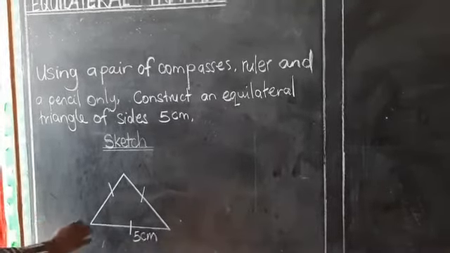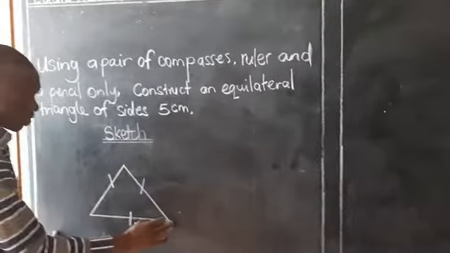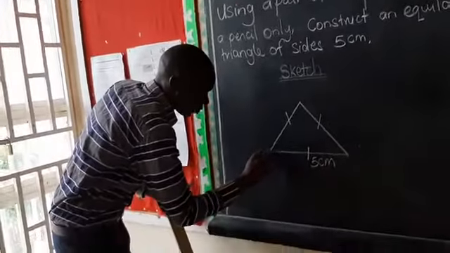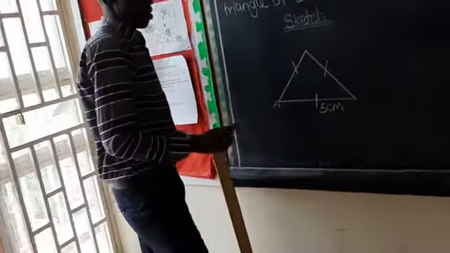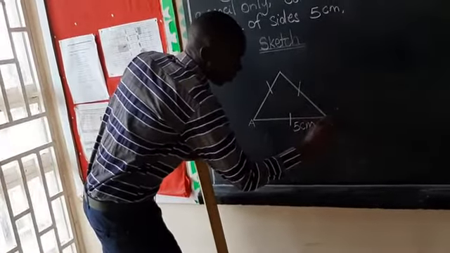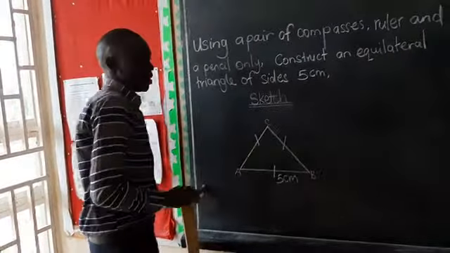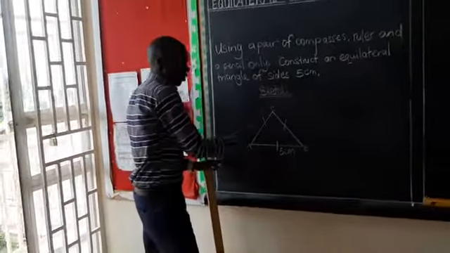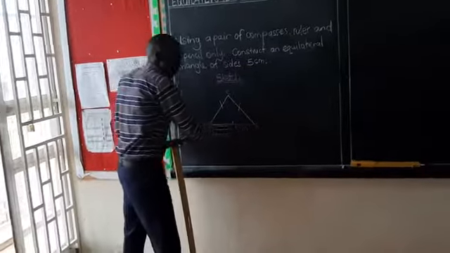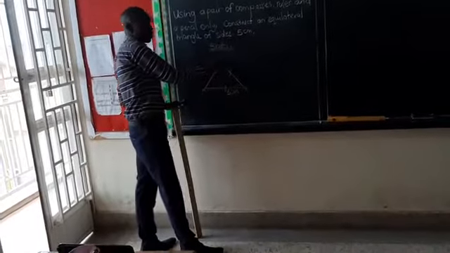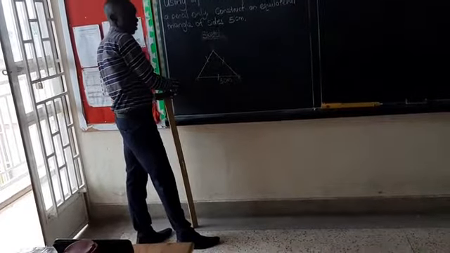Okay, so we can name the intersecting lines here. We can say this one is going to be point A, then this one is going to be point B, then the last one is going to be point C. So these are the lines. The line AB will be equal to line BC will be equal to line CA, right?